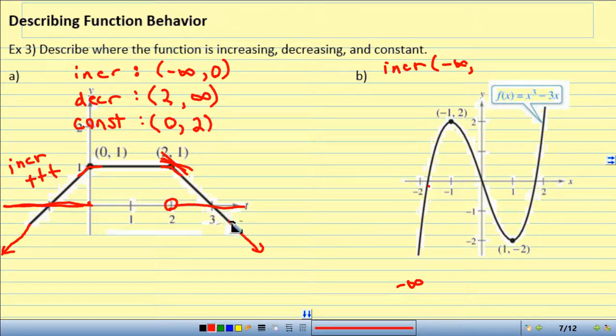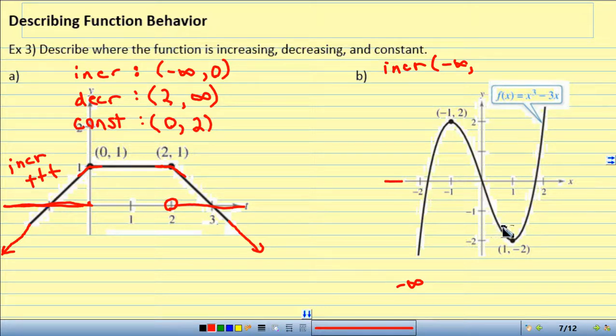Now, here's the thing. If you have a corner, I can't say whether at that point it's increasing, decreasing, or whatever. But if I have a smooth curve, I can say whether it's increasing or decreasing. So in this case, I'm increasing from here until I get to x is -1.